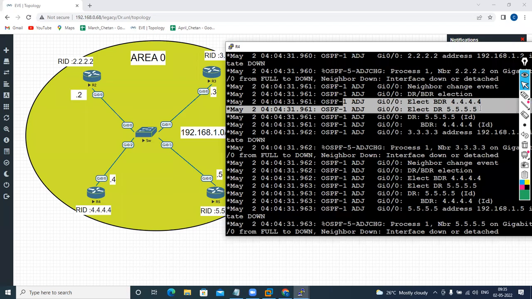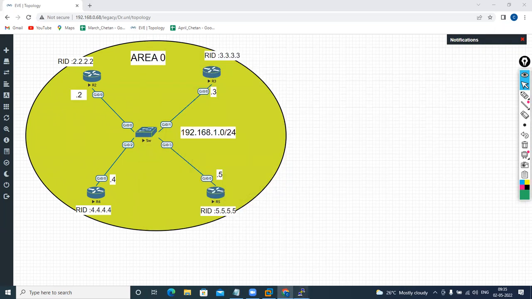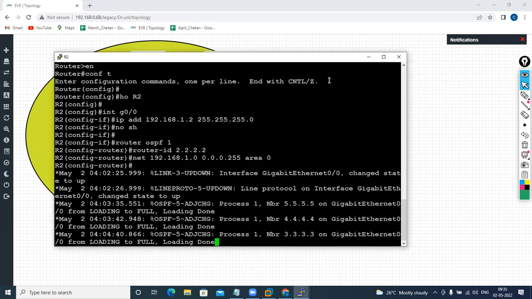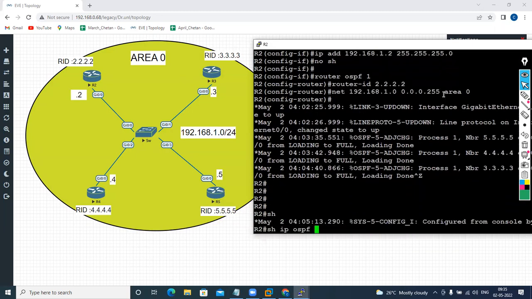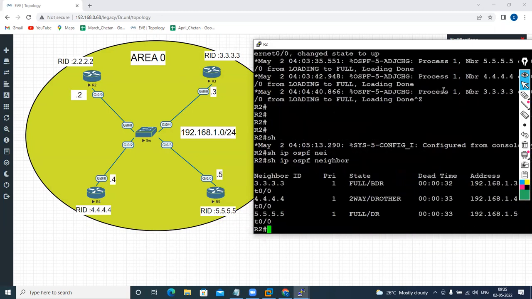So with the DR and BDR, we have full adjacency. Only between DR other and DR other do we have two-way adjacency. If you go and check on R2, show IP OSPF neighbor. Can you see two-way here? Two-way with R3.